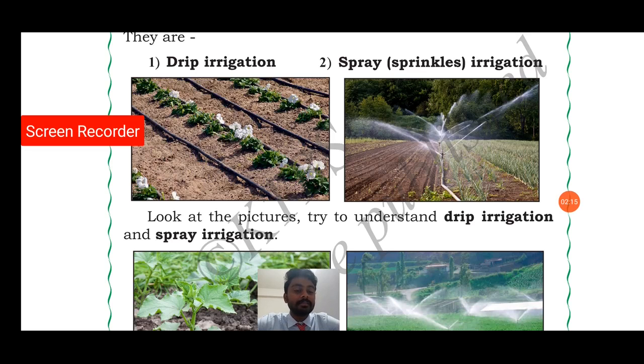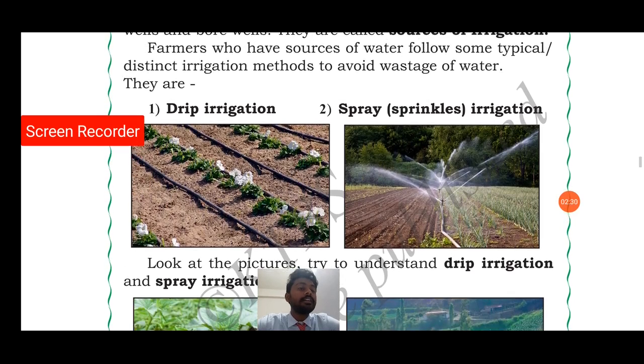So there are different ways of irrigation. In drip irrigation, water is supplied to the crops directly at the roots through drip pipes. In sprinkler irrigation, water is supplied to the crops like a sprayer.